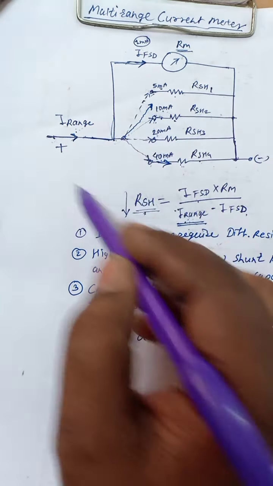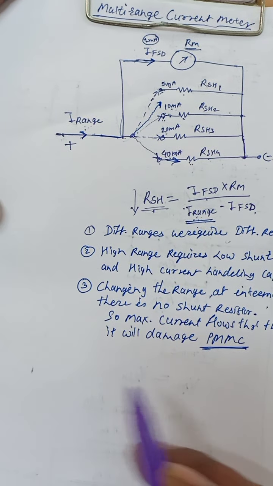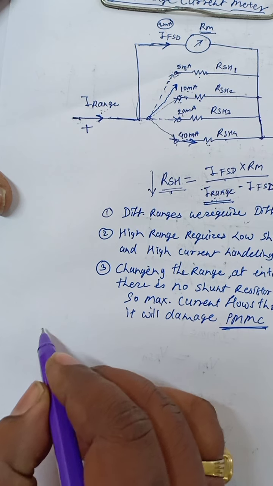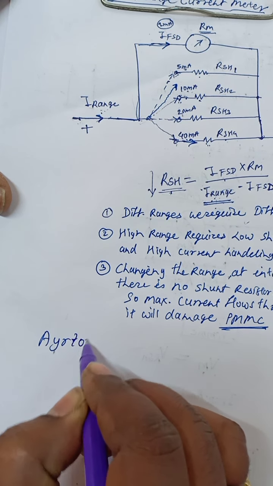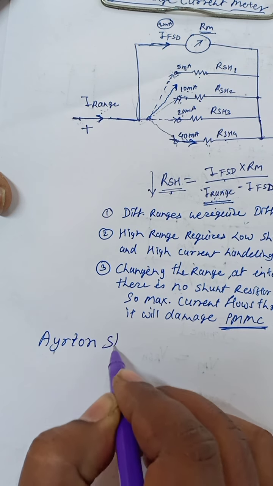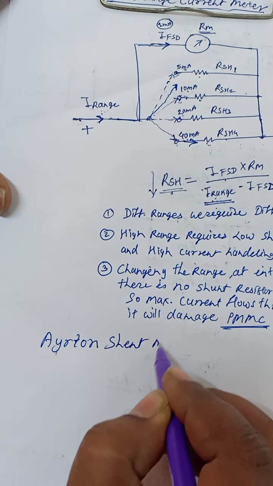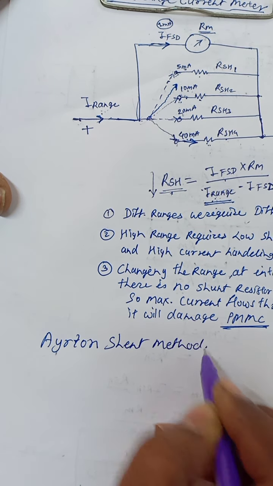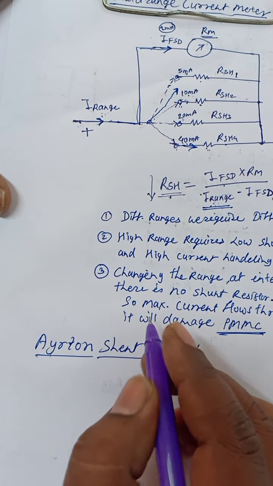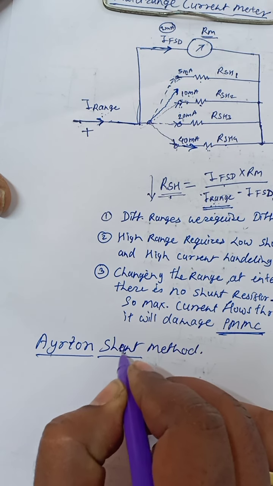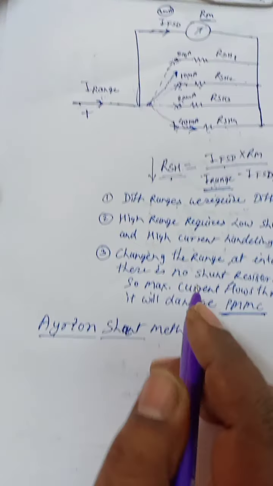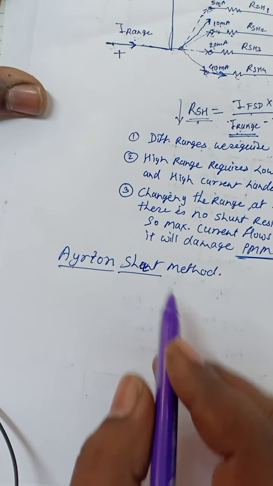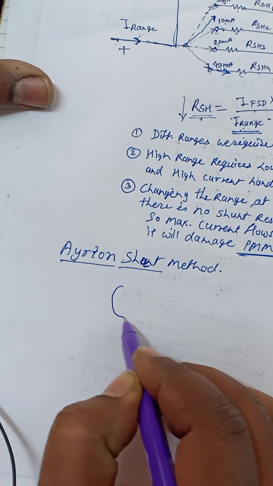So to avoid this, we make some different arrangement that is known as the Ayrton shunt method. In the Ayrton shunt method, we make some different arrangements.